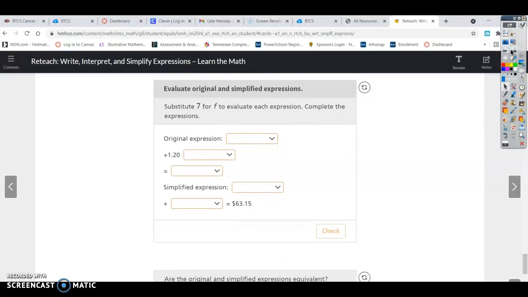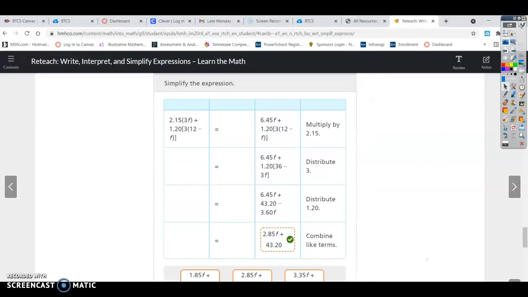All right, now it says evaluate. So we're going to substitute 7 to evaluate this expression for a certain number of yards. So we want to complete this expression. The original expression was 2.15 times 3f, and you can go back up if you need to.